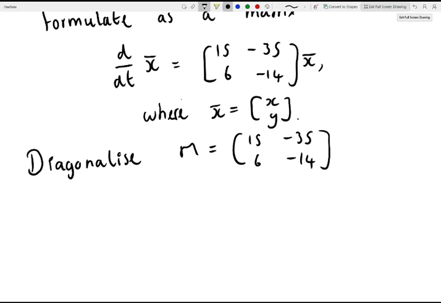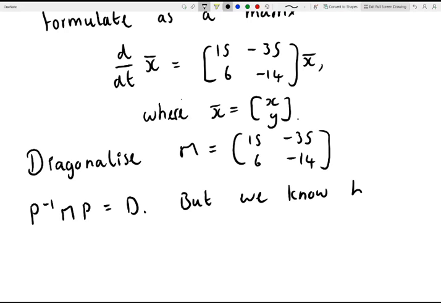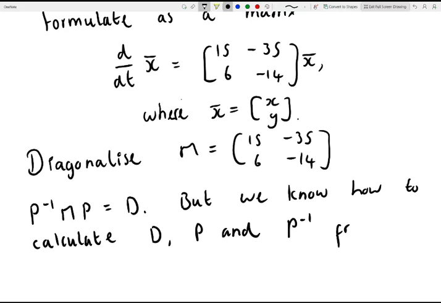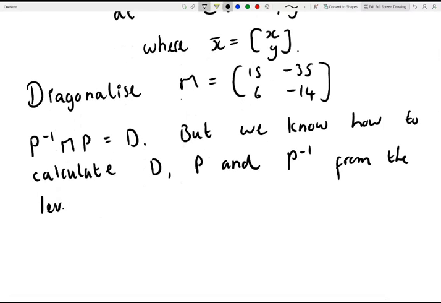We do that by calculating P inverse times M times P, which is equal to D. But we know how to calculate D, P and P inverse from the level 2 video. So if you're struggling to remember how to do those, just refer back to the level 2 video.